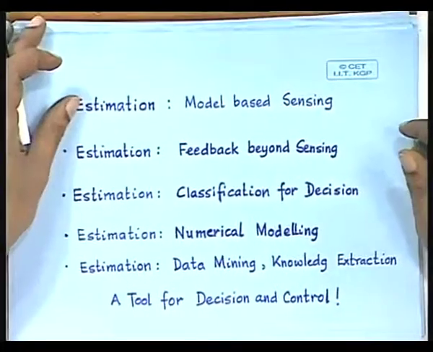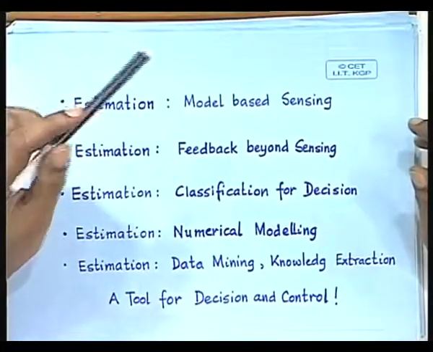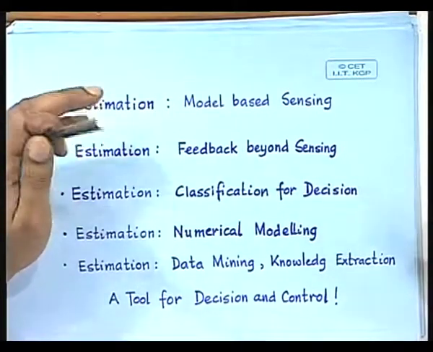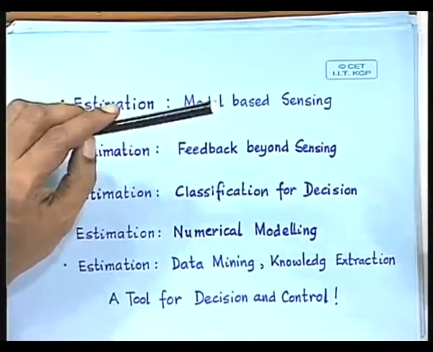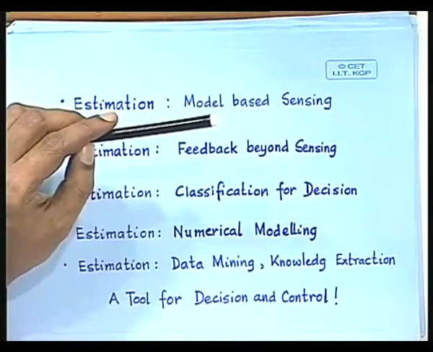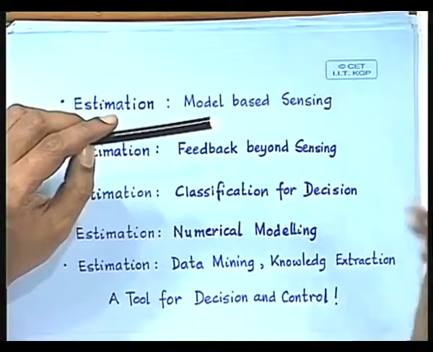For a large number of cases, estimation is actually a classification problem for decision. For example, we have seen the case of fault detection and diagnosis. What essentially are we trying to do? We are looking at the signals and using estimation techniques, we are essentially trying to classify the dynamic behavior of the system into one of two classes, either normal or faulty, right.